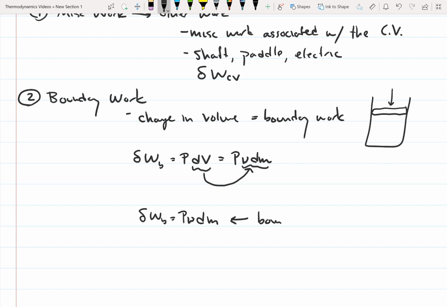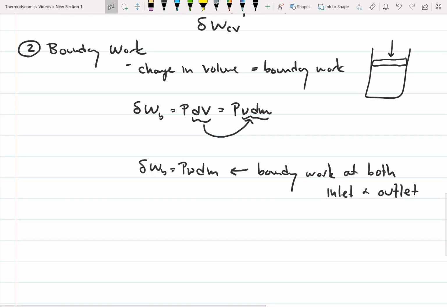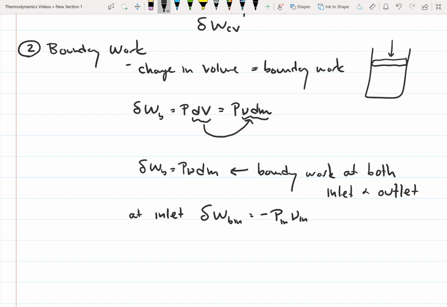So this is the boundary work at both inlet and outlet. At the inlet, the boundary work in is going to be negative because the work is being done on the system. So this is P_in, specific volume, dm_in.